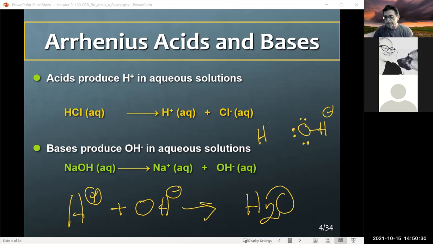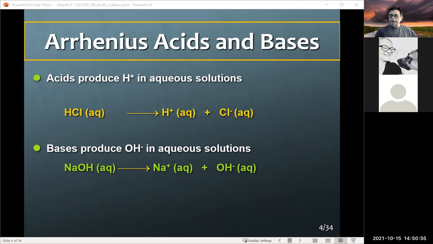The hydrogen's orbital is empty. The empty orbital of the proton and the filled orbital of the lone pair on the hydroxide combine to form water. And that is one of your first types of reactions that we're going to introduce, a neutralization reaction. More on that acid-base reaction in a bit.